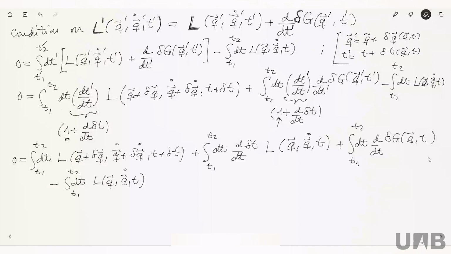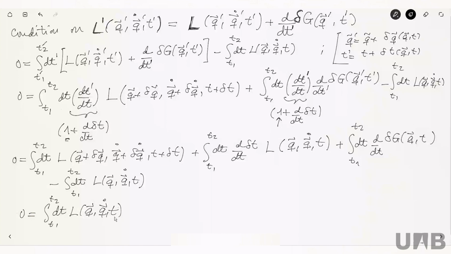Yes. Okay, good. So now I'm going to expand this Lagrangian L, using that delta q dot and delta t are small. So the lowest order term is going to be L of q dot and t. So that's the integral dt from t1 to t2 of L of q dot and t.